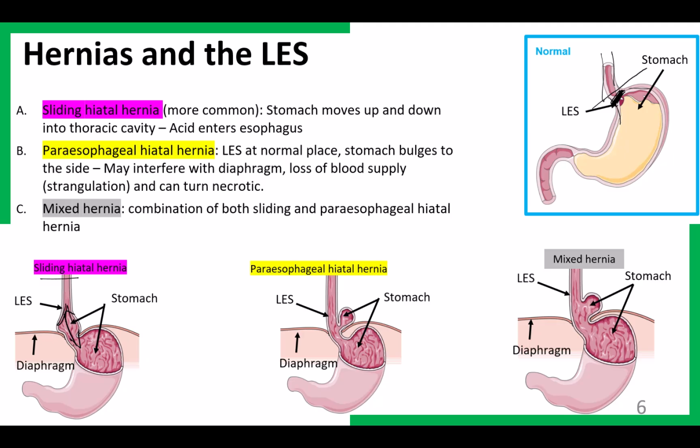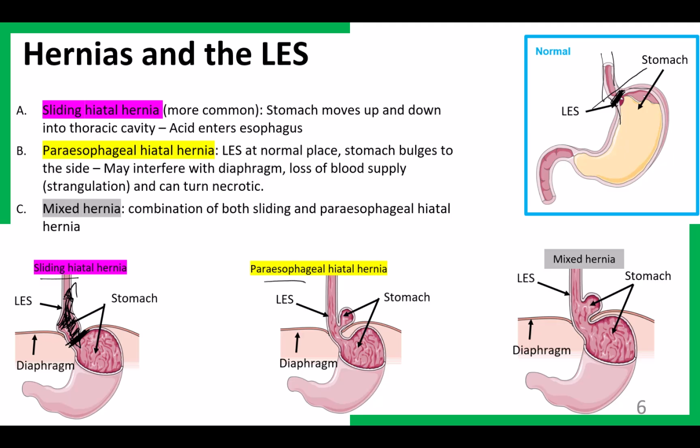And then the point of constriction happens over here, right? And this part of the stomach is above that point of constriction, and this part of the stomach can freely, or more freely, push acid that should stay in the stomach into the esophagus.